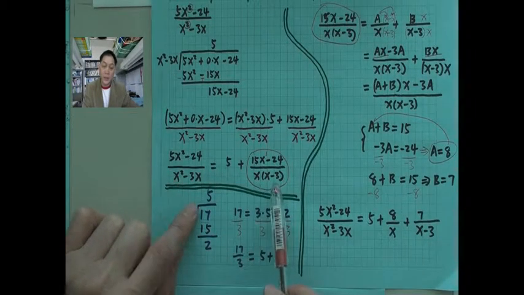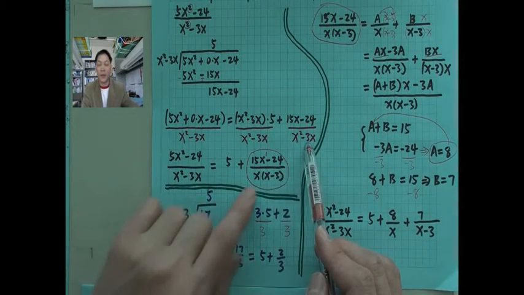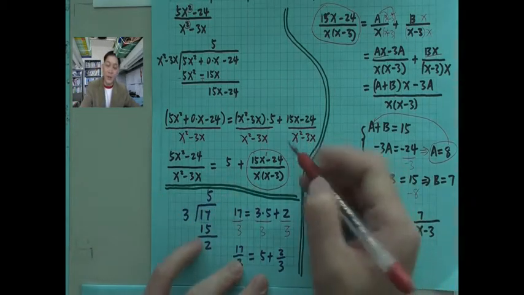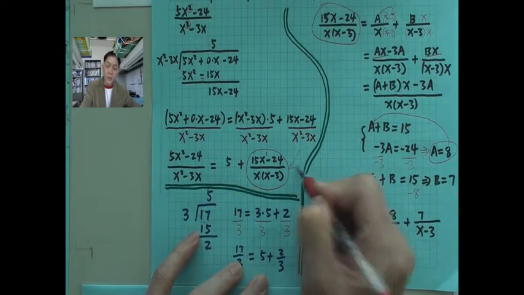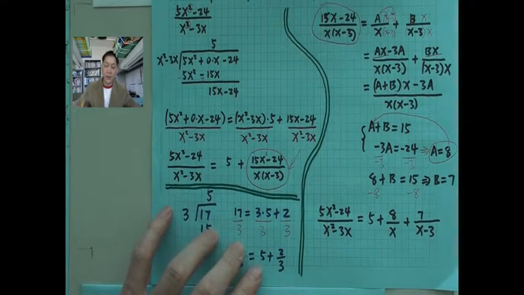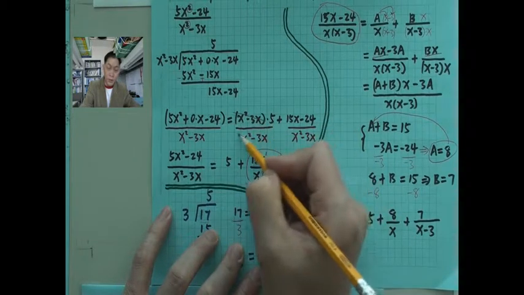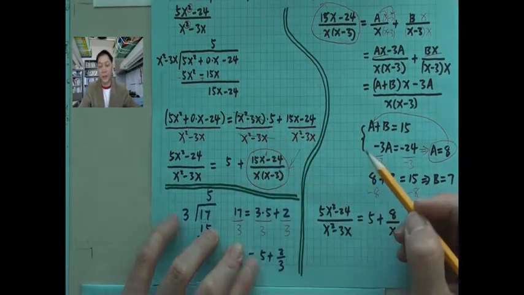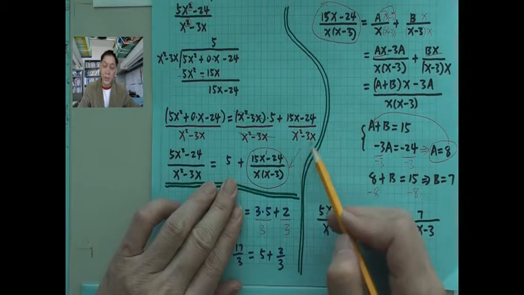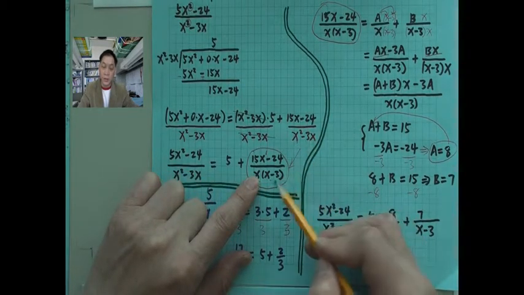And x times negative 3 is negative 3x. So basically from here, you pull x out, and you cancel this one with this one. You have 5 left. And here you pull x out. You have x minus 3.